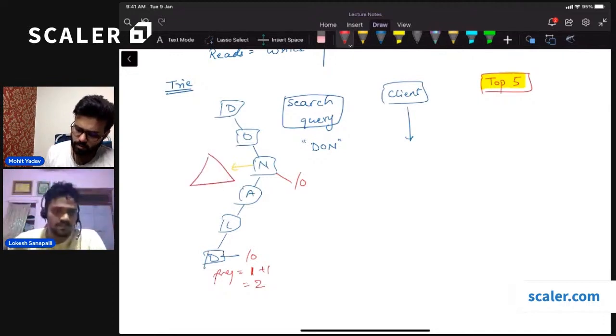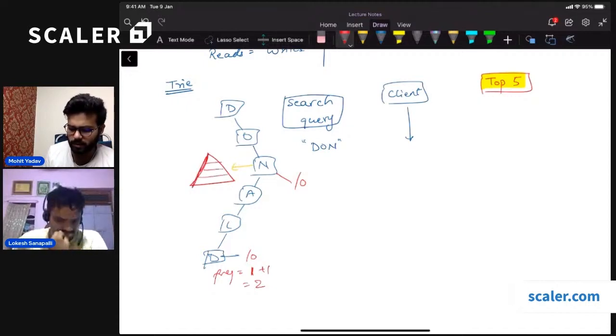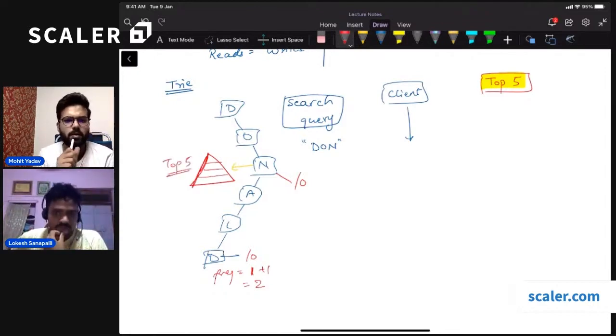Are you sure you'll use a max heap for finding the top five? Because we need the top by decreasing order of popularity, so every time I remove the maximum.